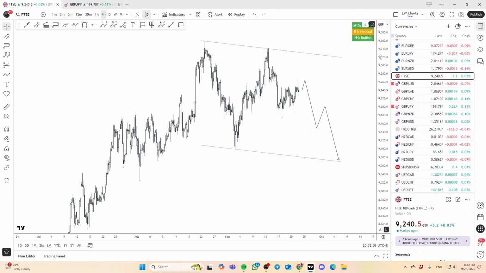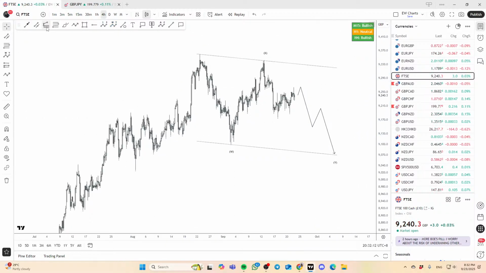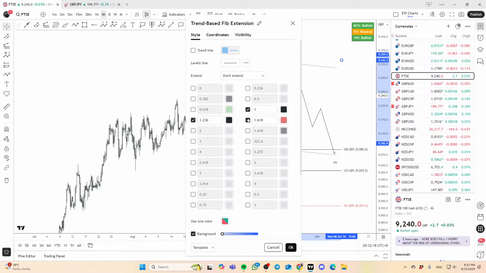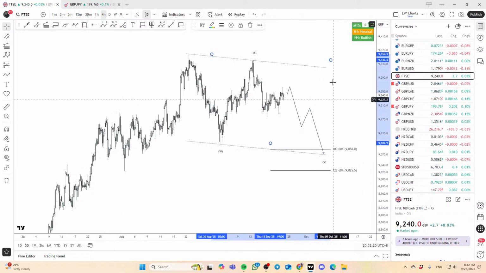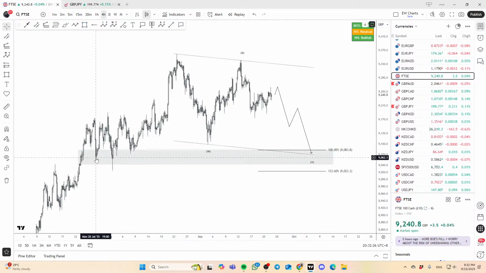And then that builds a bigger structure here as a WXY, right? If you want to do a little bit of FIB projection, usually we just do a 1:1 equal measurement, right? So that will bring you around that zone. If you look left in terms of confluence, very nice area there as well. So this is the projection, right?